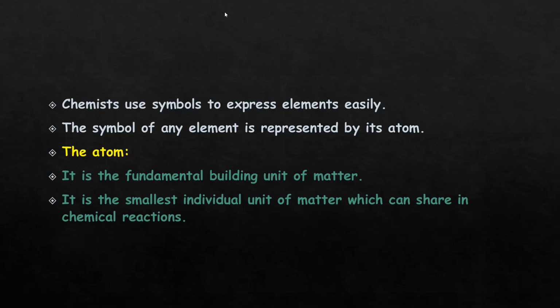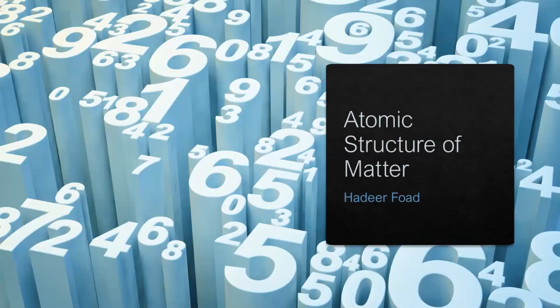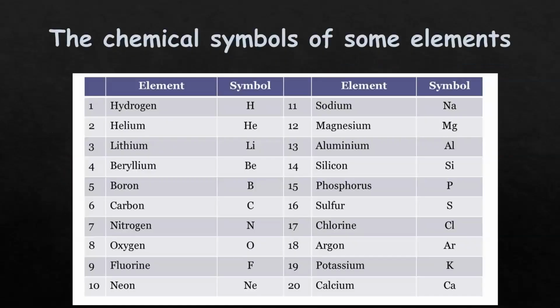Okay, any problem here? Because we are going to start speaking about the chemical symbols of the elements. These elements will be studied and you will be able to write any symbol from them.